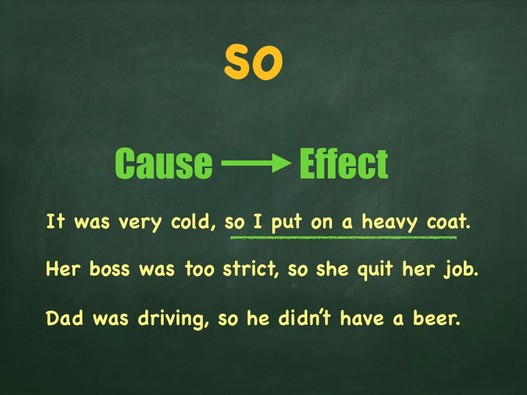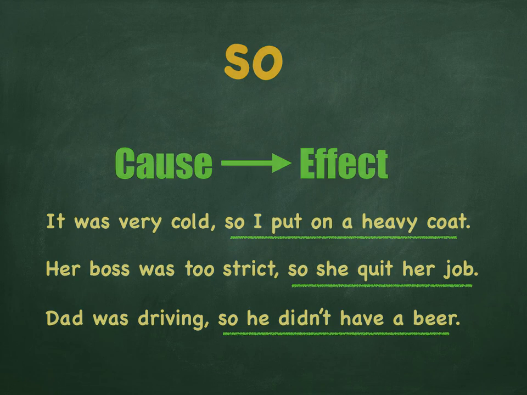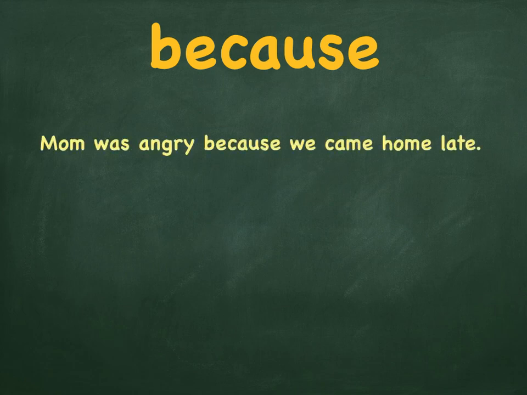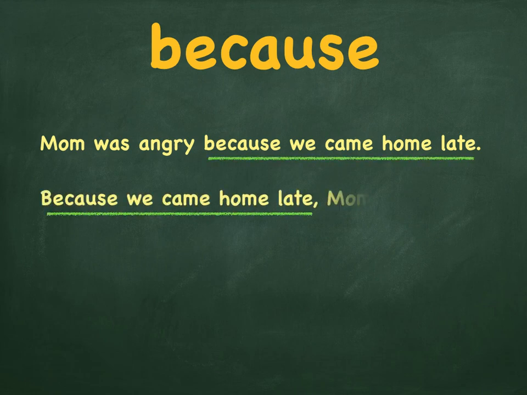And so comes before the effect in every case. So is a type 1 conjunction, but because is a type 2. It has a dependent clause, and you can start the sentence with because.